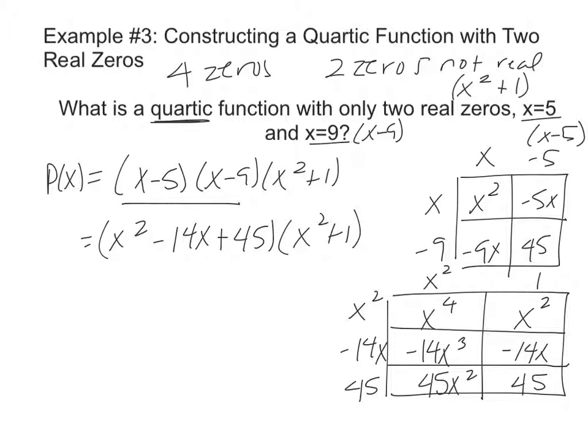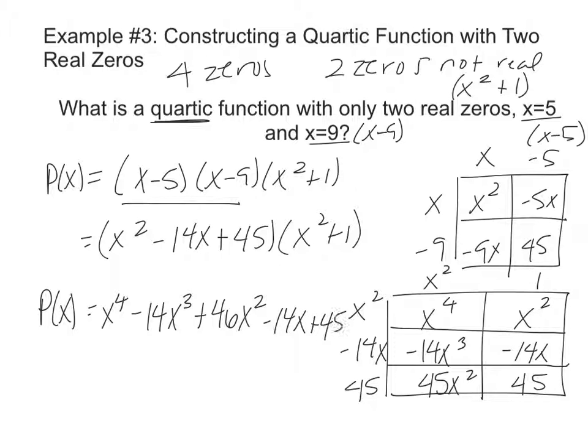So if I combine my like terms, p of x will equal x to the 4th, looks like there's one x cubed, so it's minus 14x cubed, plus 46x squared, minus 14x plus 45. And we are done.